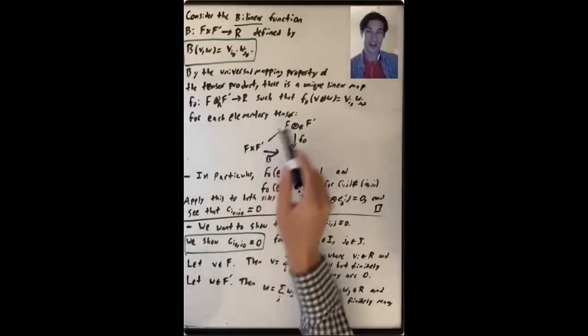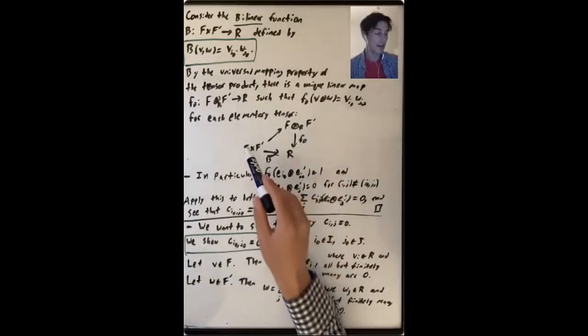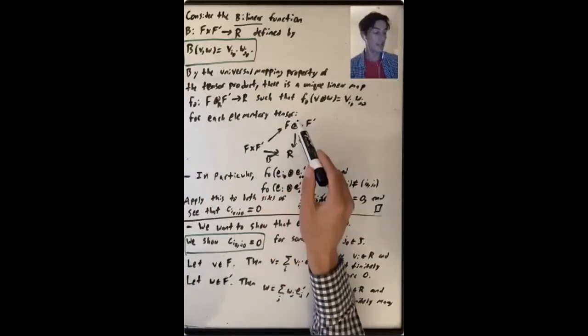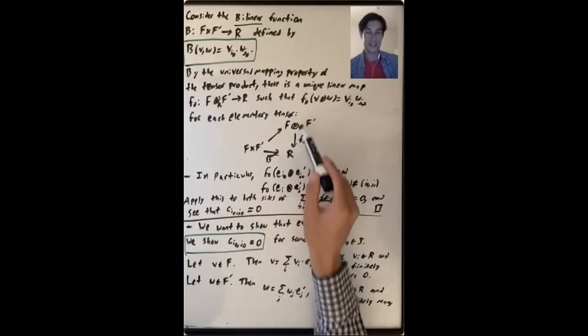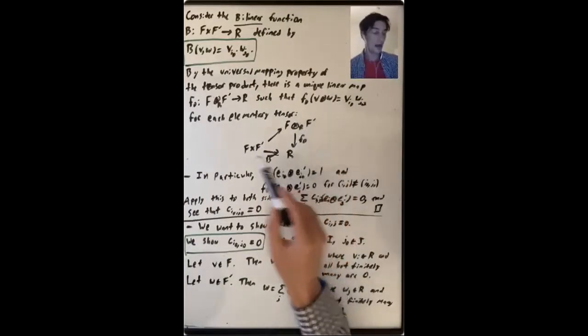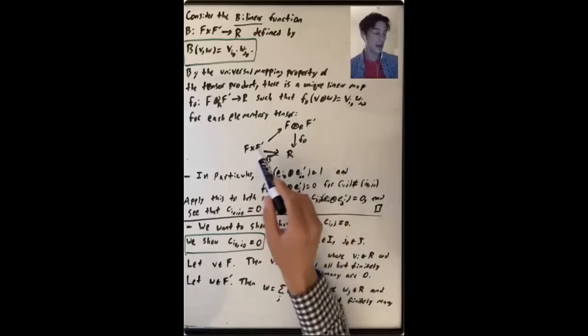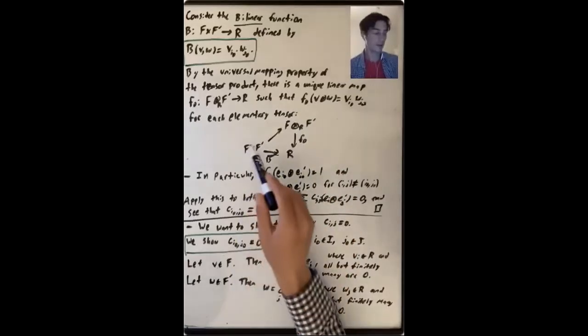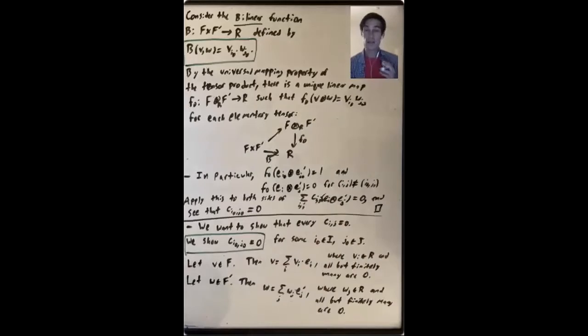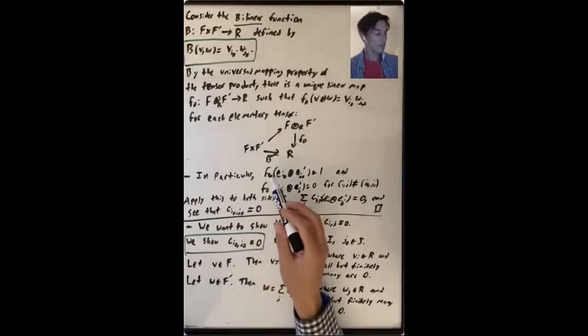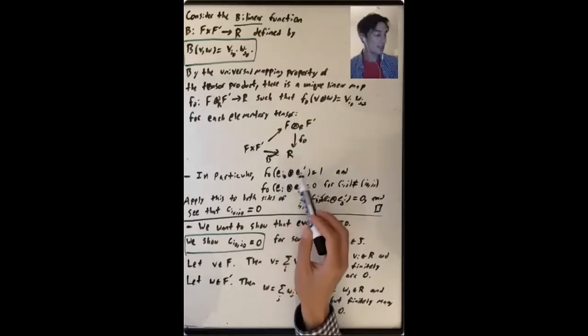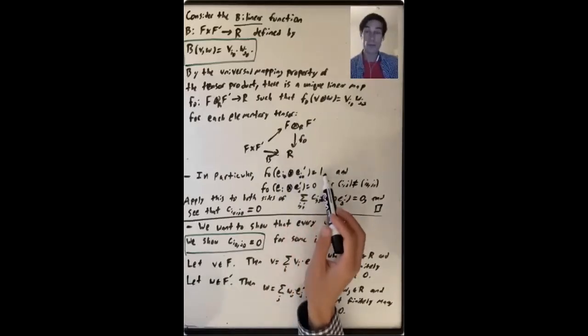Here's the picture of the commutative diagram that you get. F cross F prime goes up to the tensor product. This linear map f0 takes us down to R. And what you get is the same as if you apply b to F cross F prime. So in particular, what does that mean? If you take f0 of e_i0 tensor e_j0 prime, you get 1.